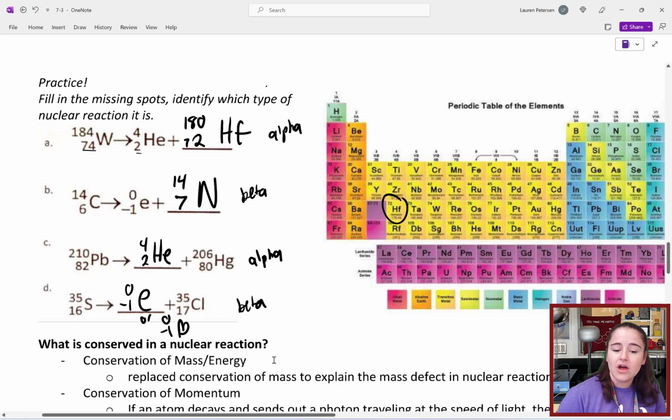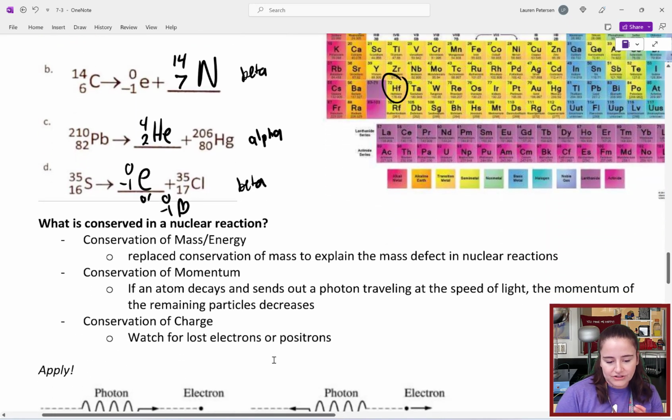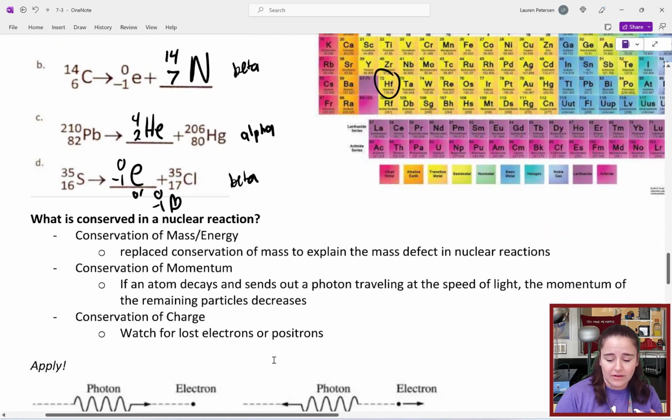Okay. So in our nuclear reactions, again, that conservation of mass and conservation of energy is replaced with conservation of mass energy. The other true thing will be a conservation of momentum. Momentum will be conserved in any nuclear reaction, and conservation of charge.